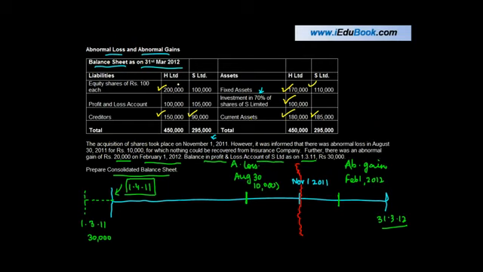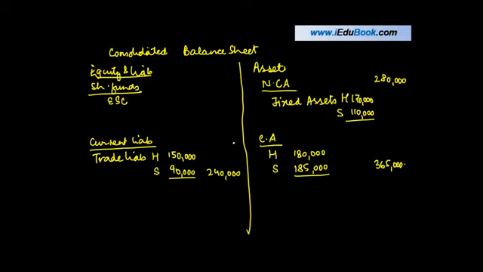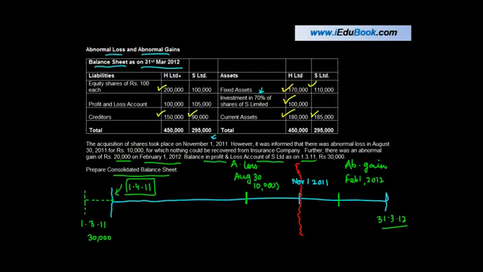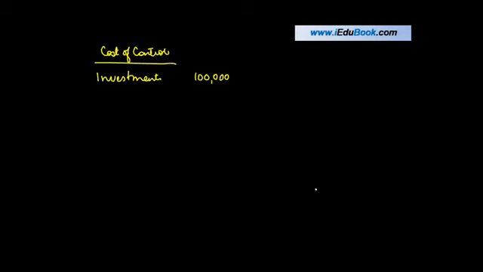Again, we'll just take the equity share capital of H Limited, which is 2 lakh. Let's just take it right away in the outer column. Equity share capital of S Limited is 1 lakh, out of which H holds how much? 70%. So this is going to go and sit in the cost of control. Equity share capital 70,000. The balance equity share capital belongs to the minority.